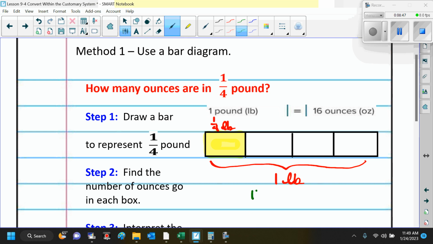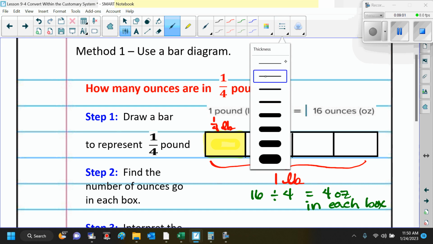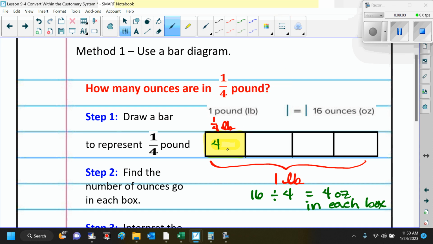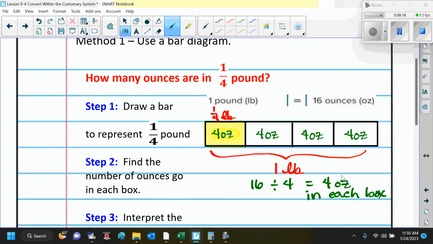So we have 16 divided by 4, and that's going to give us 4 ounces in each box. So I will put 4 ounces, 4 ounces, 4 ounces, and another 4 ounces. So that's 16 total ounces, which is 1 full pound.